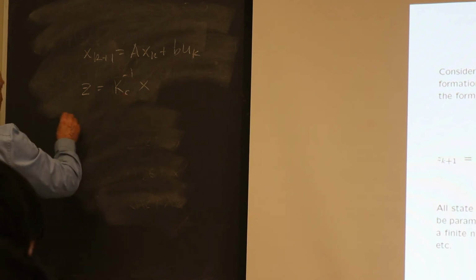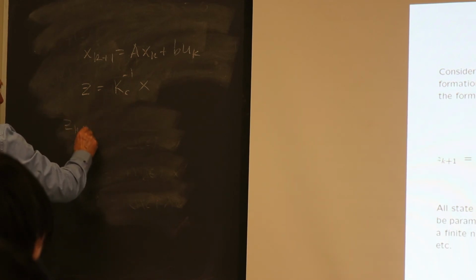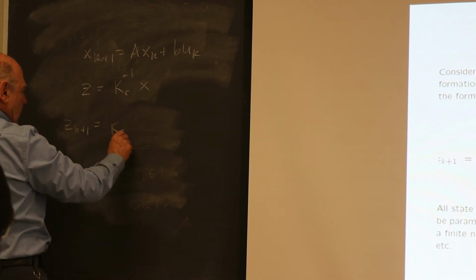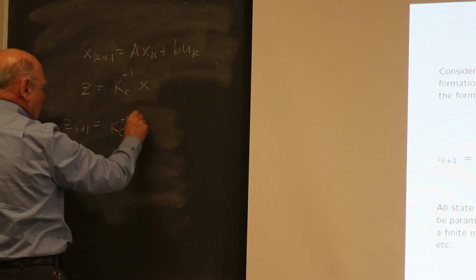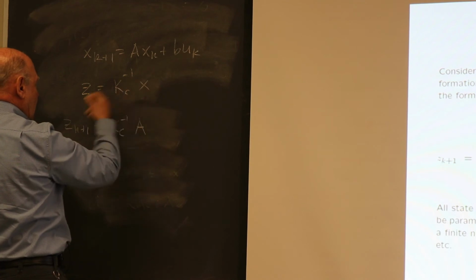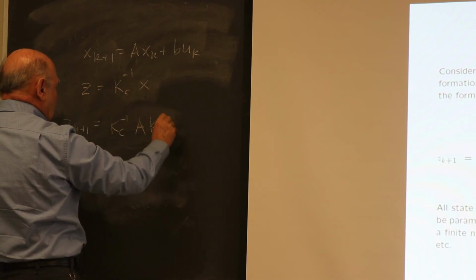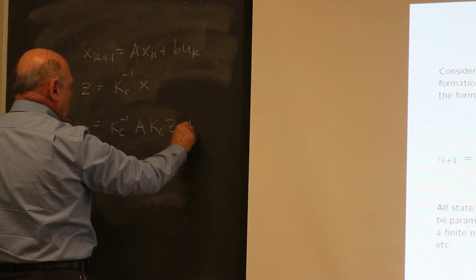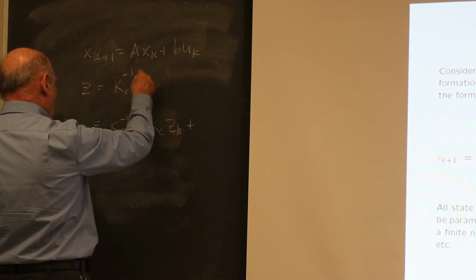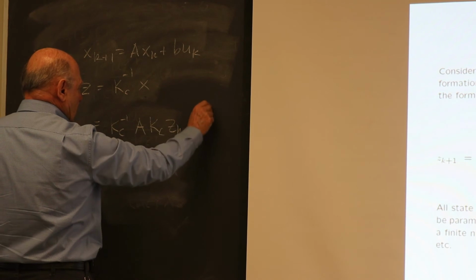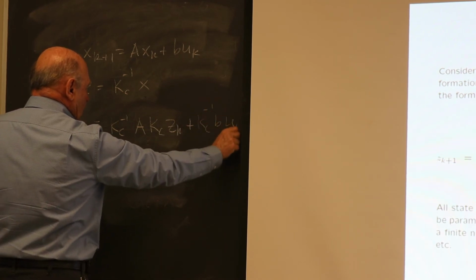So evidently from this relation, Ck plus 1 would be the product of Kc inverse times Xk plus 1. But Xk plus 1 is A times Xk plus B uk, and Xk is Kc times Ck, so Ck plus 1 is Kc inverse A Kc Ck plus Kc inverse B uk. Okay?